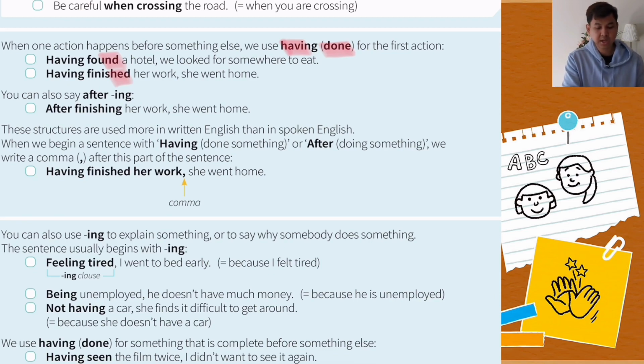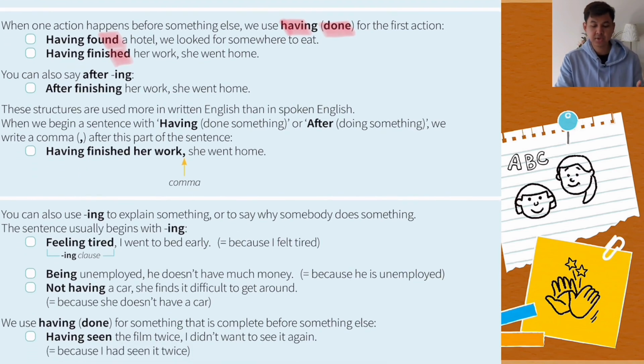But these structures are used more in written English than spoken. When we begin a sentence with having plus verb 3 or after plus ing, we write a comma after this part of the sentence, so be careful. Having finished her work, comma here, she went home.